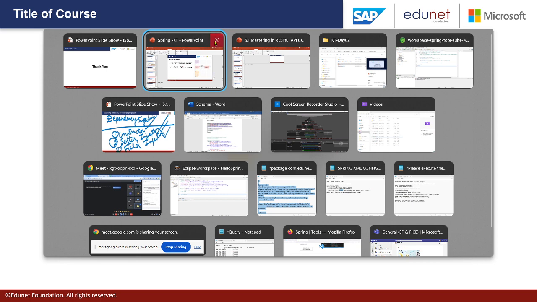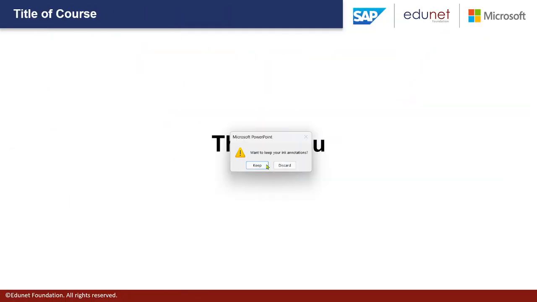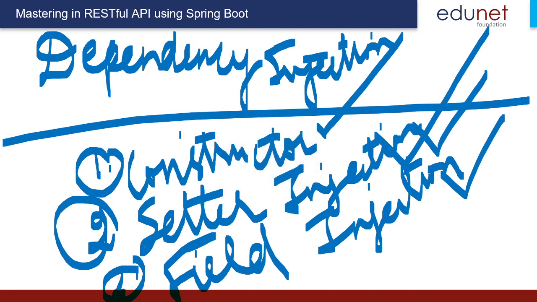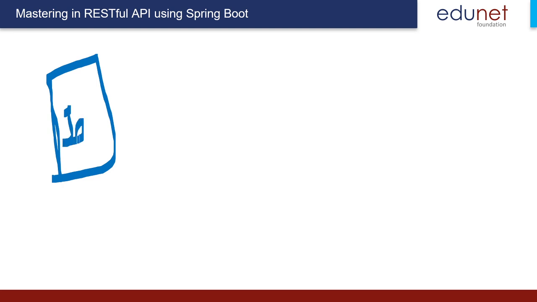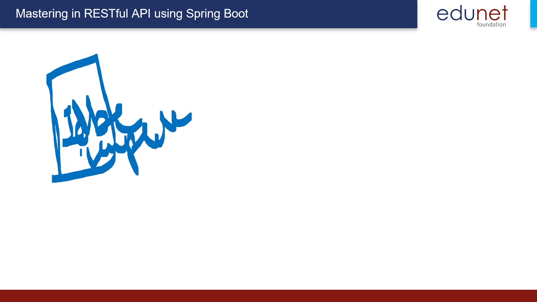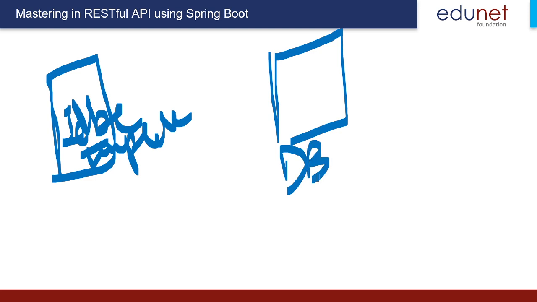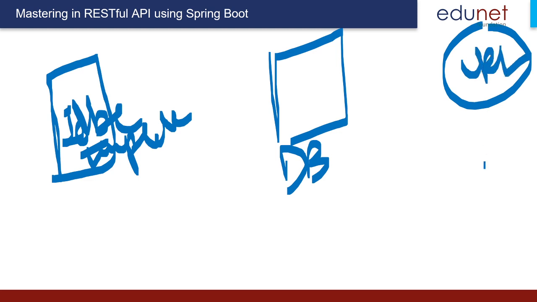So now we can understand how we can work with this, and how the flow is going to be. For example, this is my JDBC template, and here I have a database. This is my database, and next is the URL, and then the application properties.